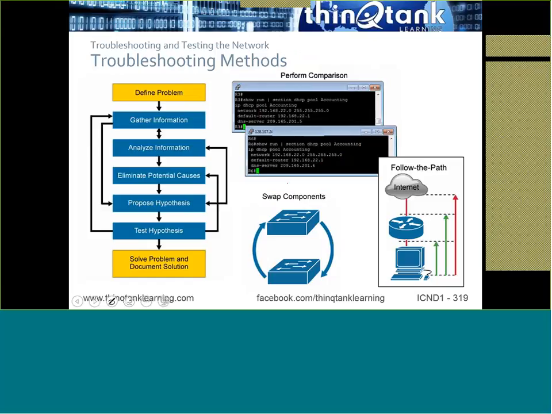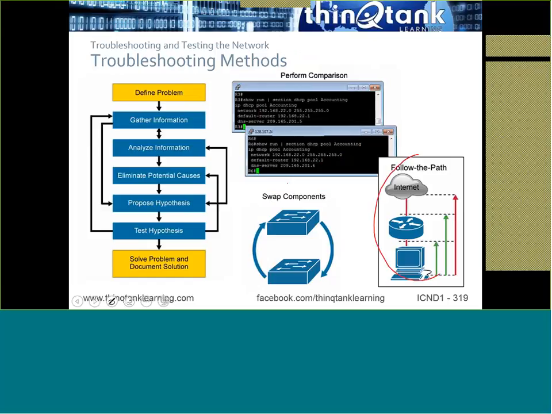If the problem doesn't go away, then I've eliminated that as a possibility. It might be a bad patch cable. Okay, give me a patch cable that's already working, one that's in the network right now. Is the problem gone? Hey, it was the patch cable. If the problem's not gone, it wasn't the patch cable.